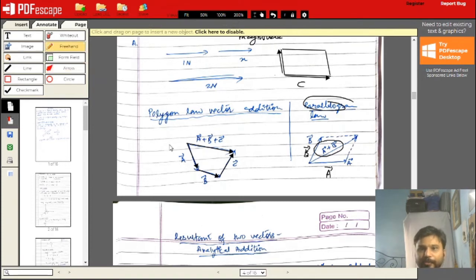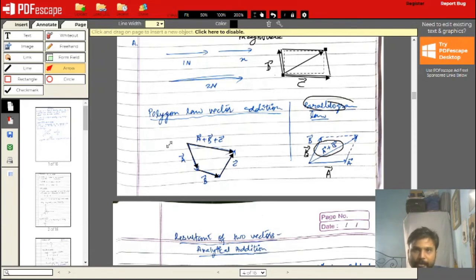Let's say C or D. Changing the name, this is C, this is D. So we learned that these two have to be the adjacent sides of a parallelogram, and to add these two vectors, we take the initial point and end the vector at the opposite vertex.